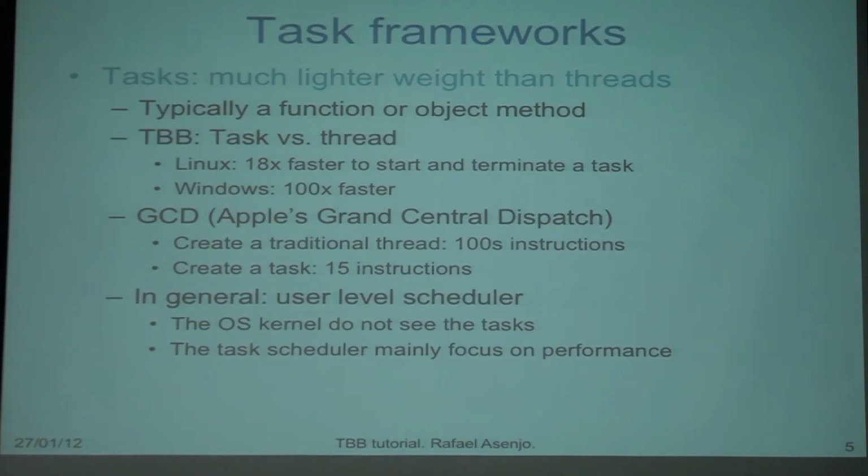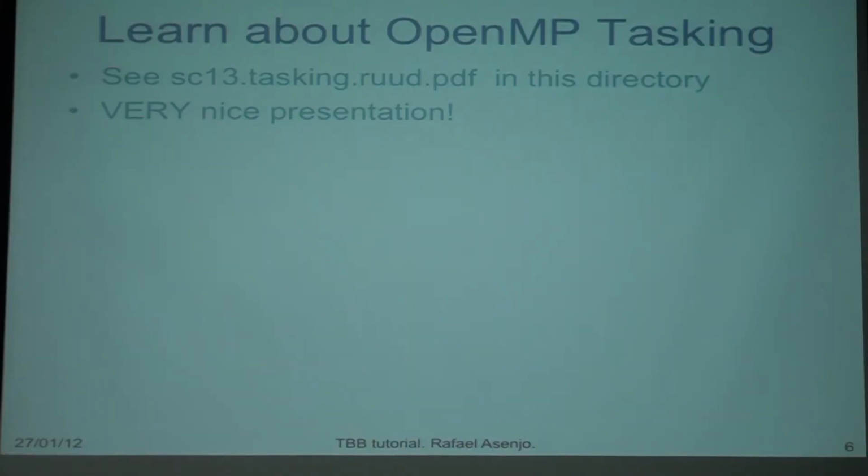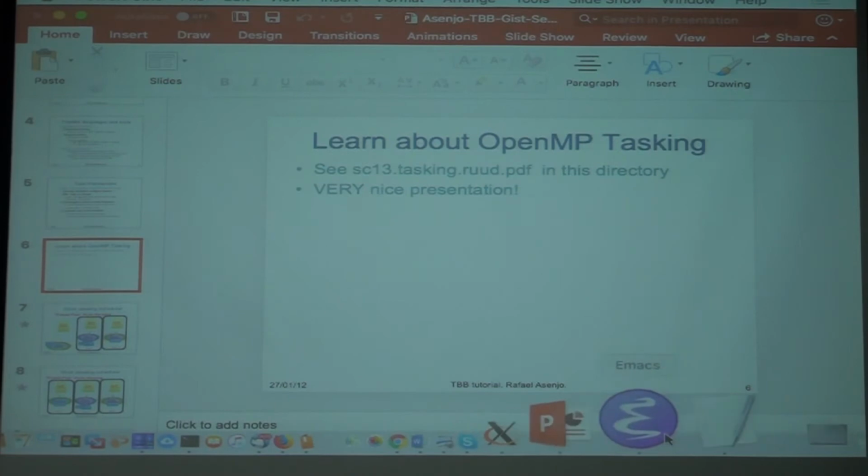So creation of task and threading, I don't need to look at this. This is Apple's Swift, which many people use. Okay, so we have to look at Ruud van de Paar's slides. That's when you understand tasks and threads extremely well, hopefully in 10 minutes or so.